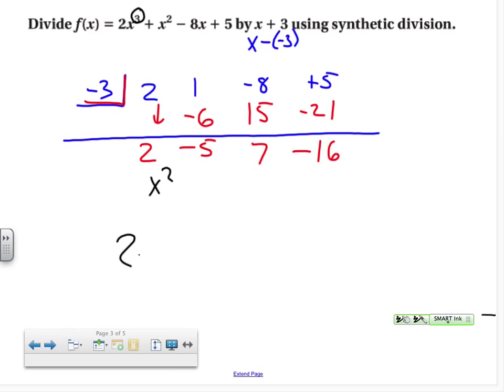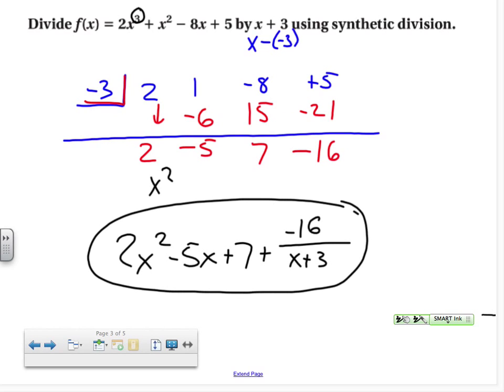So our answer is 2x squared minus 5x plus 7 plus negative 16 over our divisor, which is x plus 3. So you can see it is exactly like synthetic substitution, except now these numbers mean something as well, not just that number.